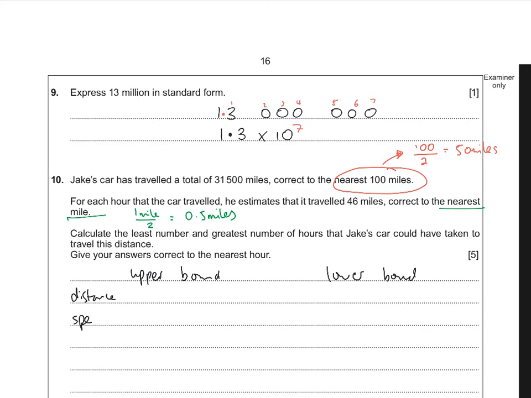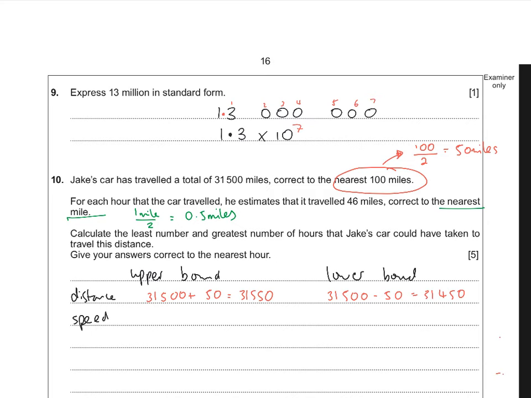So distance and speed. The upper bound of the distance would be 31,500 plus the bound that I've just found, so that one would be 31,550. The lower bound would be 31,500 take away 50, so this one would be 31,450.